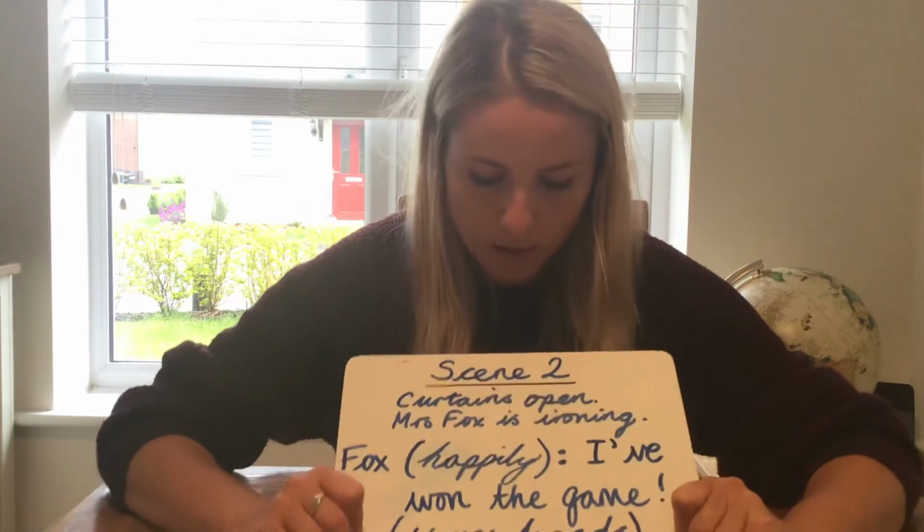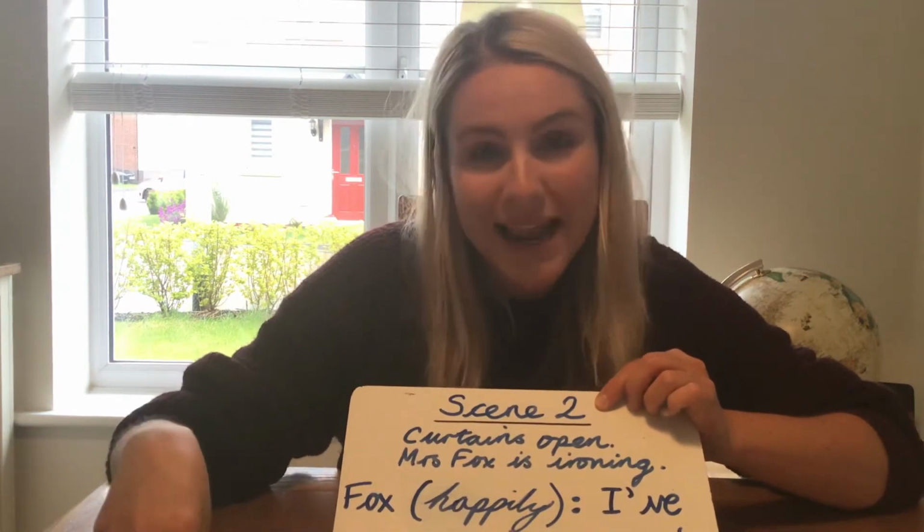So straight away we can see that we've got scene 2 written at the top. In a play script, instead of having chapters like we have in a book, we have different scenes. So every time the place that the story's set changes, we have another scene.